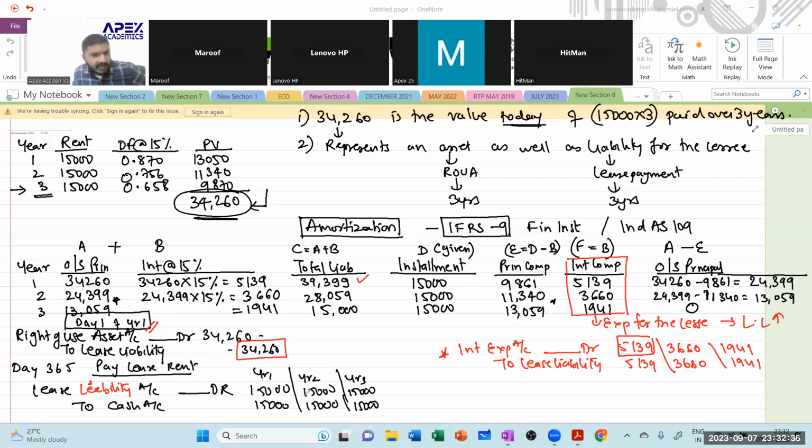Yes, it was that. You made a payment of 15,000 to reduce that lease liability, and now that lease liability has come down to 24,399. At the end of year 2, your lease liability was a total of 34,260 plus 5,139 minus 15,000, which came to 13,059.